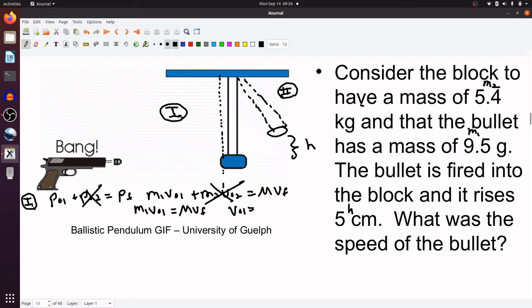That gives me V01 is big M, big VF over M1. That's as far as I can go. This is where part two comes in. Anytime I have two unknown variables, I need two equations, and so this is where it comes through. Now we're going to use the conservation of energy.